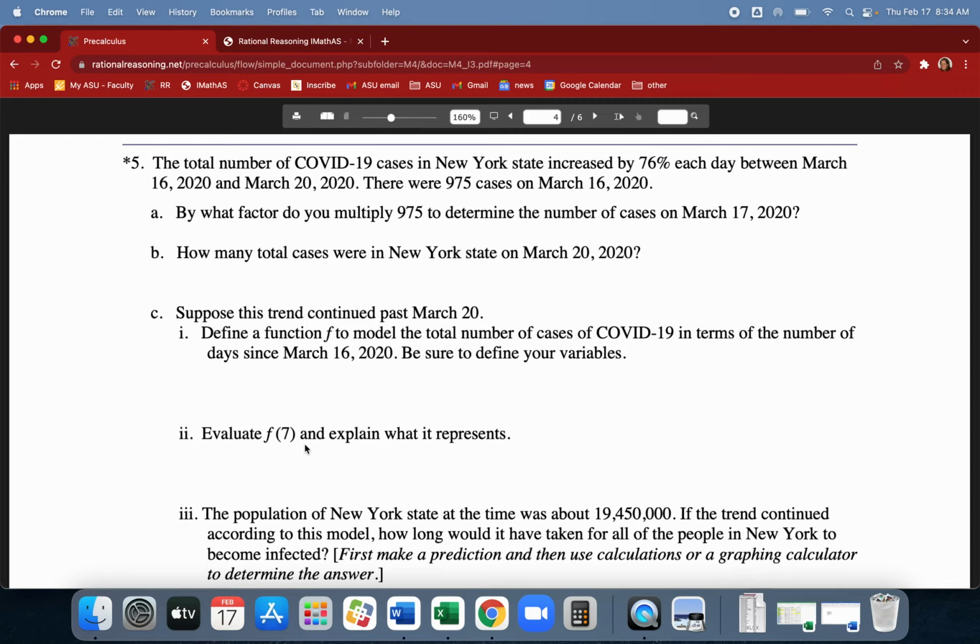So 975 times 1.76 to the 7th power, that would be 1 week's worth of growth, whatever that comes out to be.